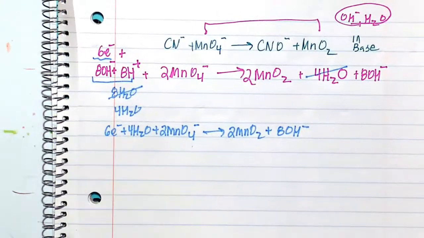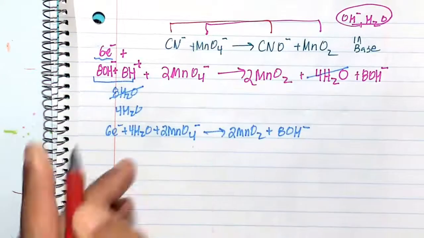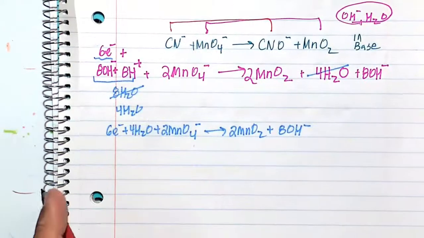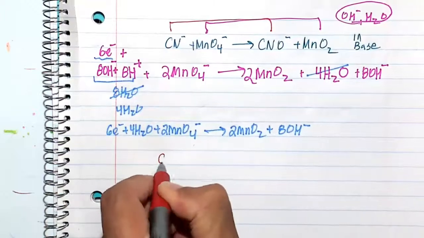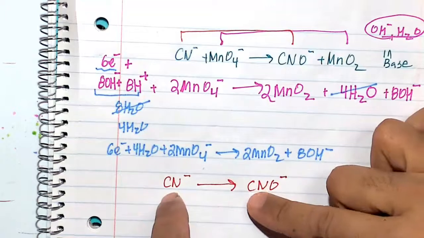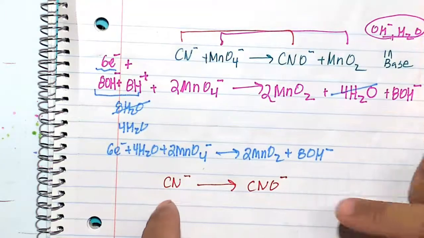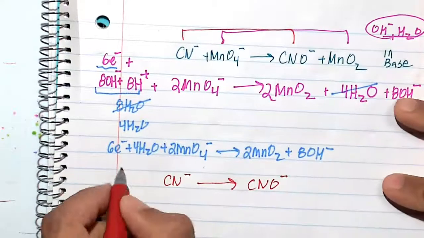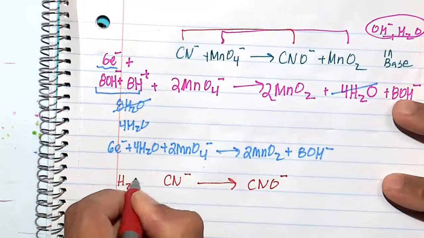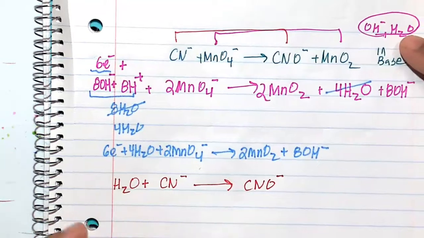All right, so our next half reaction is going to be CN minus going to CNO minus. So here is our second half reaction. The carbons and the nitrogens are balanced. I have a lone oxygen here, so I'm going to balance that with water. All of this is happening in water.